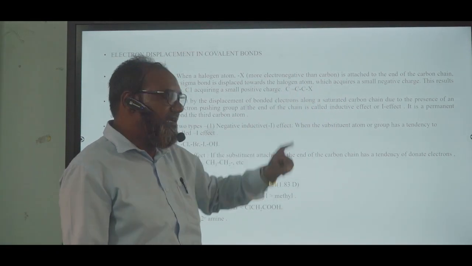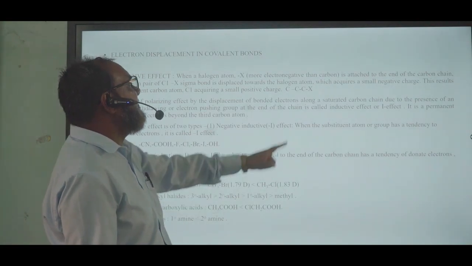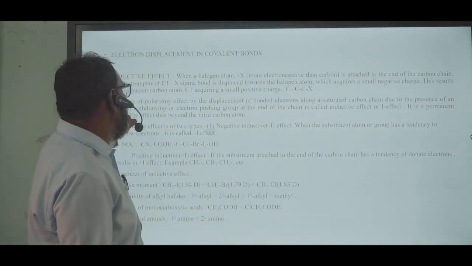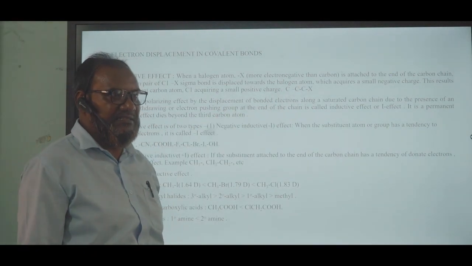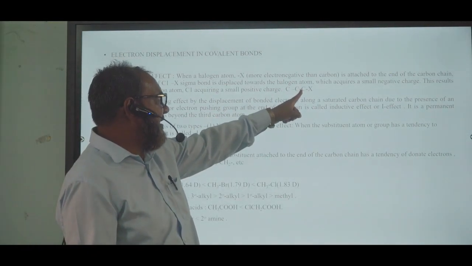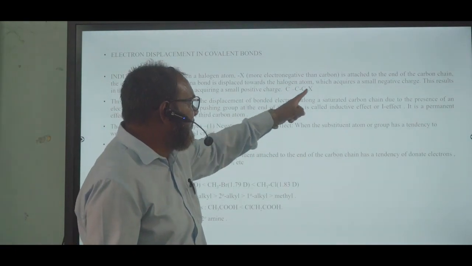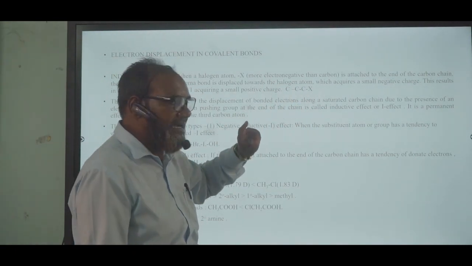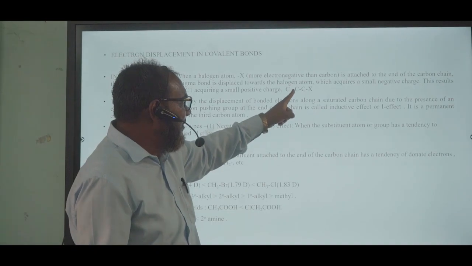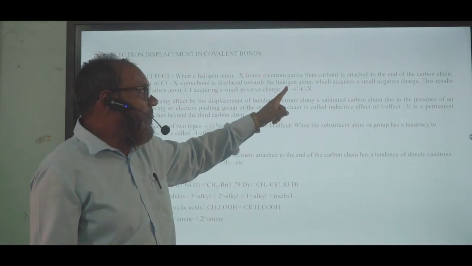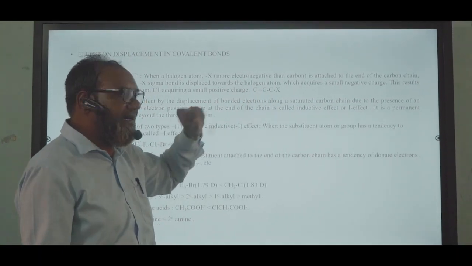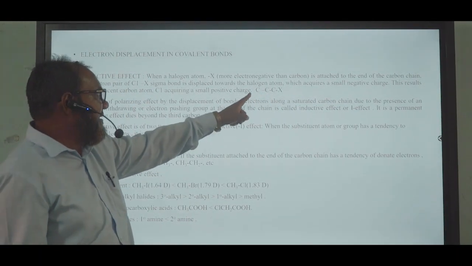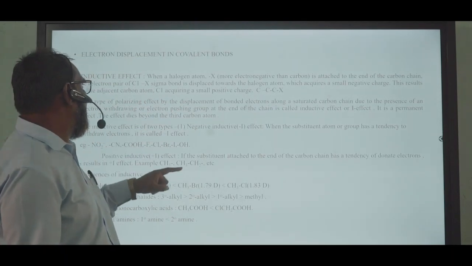Then this X will acquire a small negative charge, and this results in the adjacent carbon atom C1 acquiring a small positive charge. This small positive charge carbon will again pull electrons towards itself from the second carbon, which will acquire a partial positive charge, which also pulls electrons from the third carbon, and this effect dies on the fourth carbon atom.